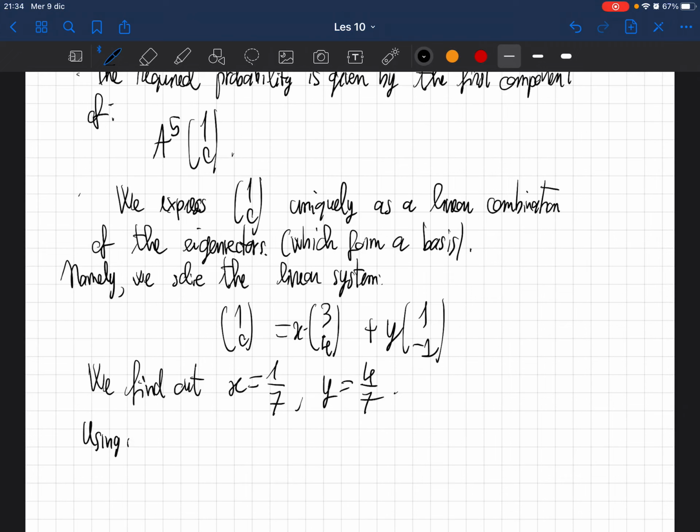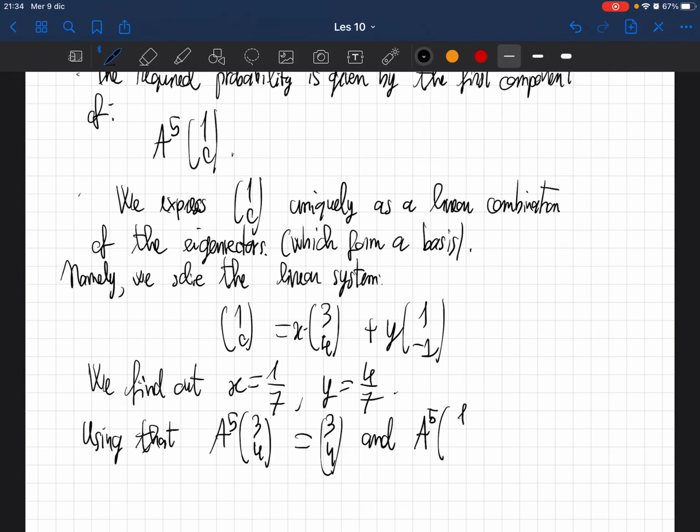Using, and this is important, using that A to the 5th power of (3, 4) is again (3, 4), and A to the 5th power of (1, -1) is (-1/6)^5 times (1, -1). This is important to mention.